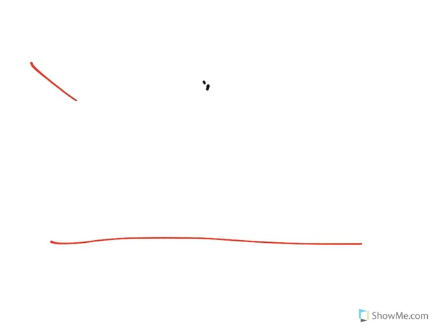If the point is real close to the edge, you end up with a skinnier parabola, whereas if the point is kind of far away from the edge, you end up with a wide parabola. So there's a relationship between how far away the focus is from the directrix and how wide the parabola is.